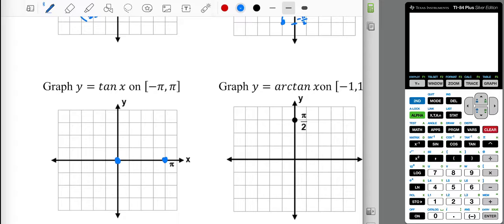All right, but now we want to think about values along the way. So for example, in this case, it's broken up into quarter unit increments, so let's make use of that. So at pi over 2, sine of pi over 2 is 1, cosine of pi over 2 is 0. All right, so that's going to be undefined.